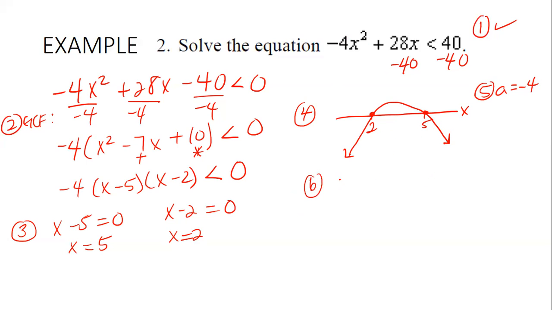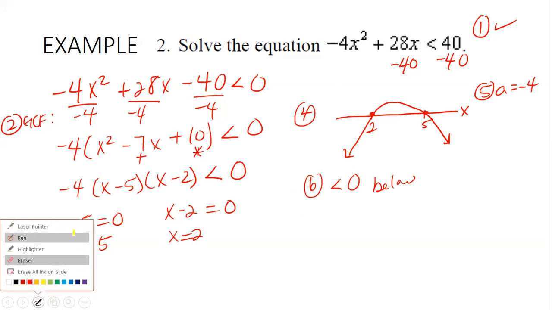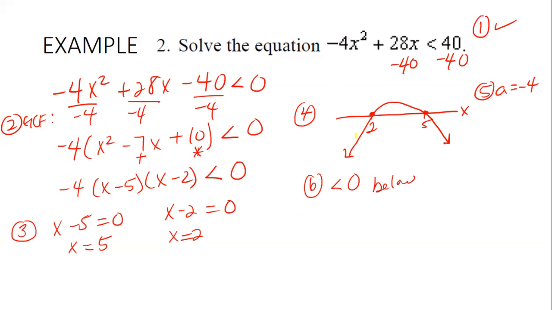So step 6 is saying we're still less than 0. Less than 0 means that we're below the x-axis. So where am I below the x-axis? To the left of 2 and to the right of 5. Do we see that?